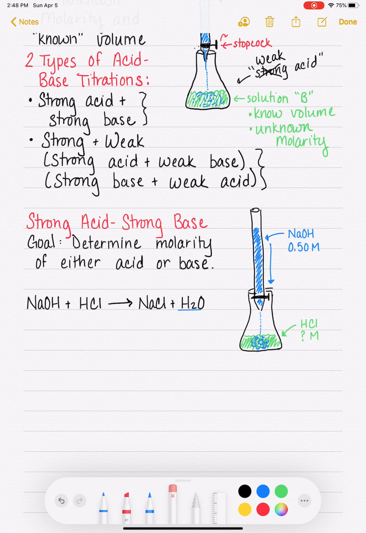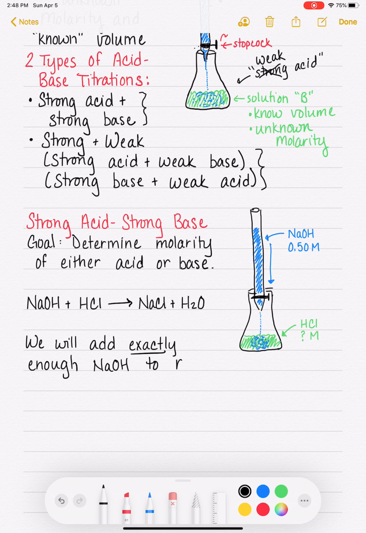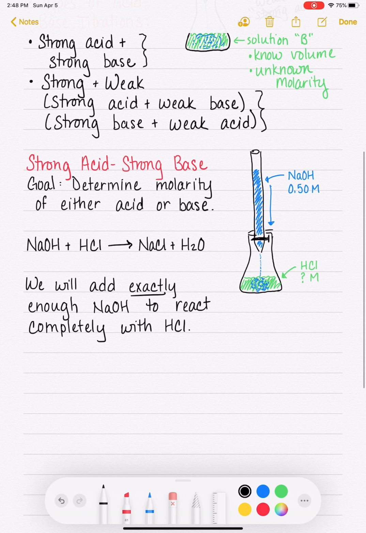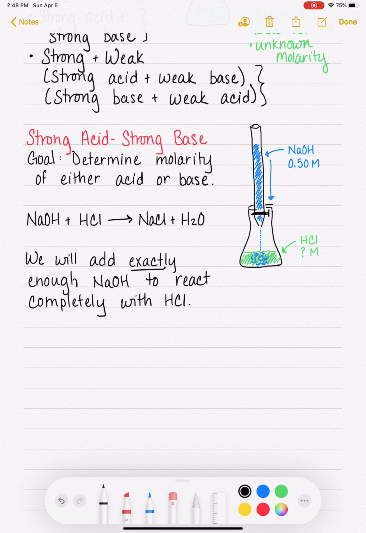We are going to add just exactly enough NaOH, not too much, exactly enough to react completely with the hydrochloric acid. We're going to add just enough so that we get a total reaction.